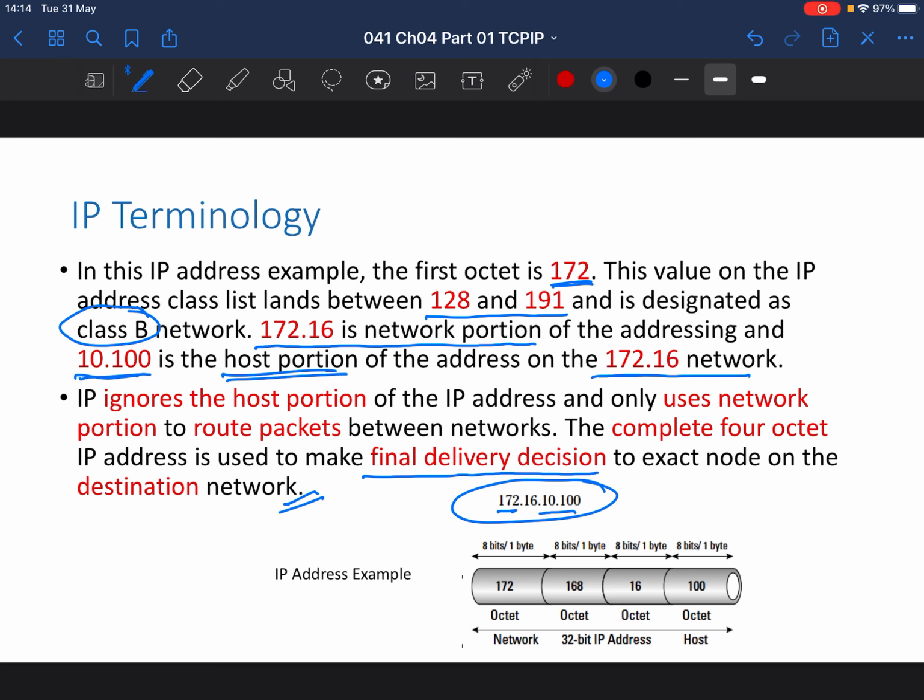We have 4 octets, where the first octets belong to the network, and the remaining octets belong to the host.